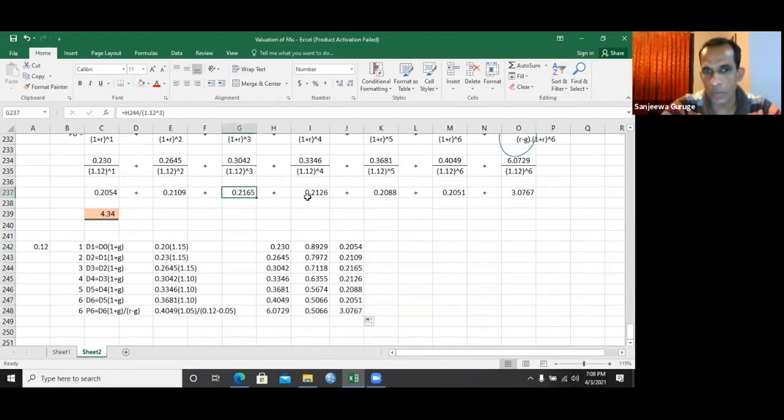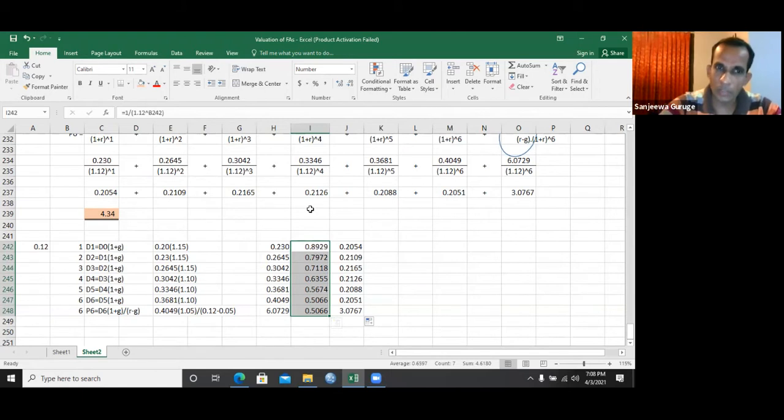0.212909, 2165, 2126, 2088, 2051, and here all the values you can get easily in Excel, right? So it's a matter of getting the required discount factor, which you can easily calculate in Excel without any statistical table, right?